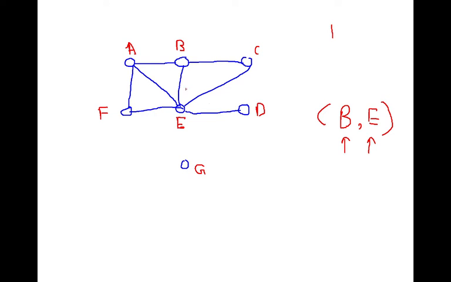So there is one common neighbor. Now if I see node C, it is connected with B and it is connected with E as well, right? So plus 1. And if I see F is connected with E, but F is not connected with B. Okay, let me change the graph to facilitate this example.